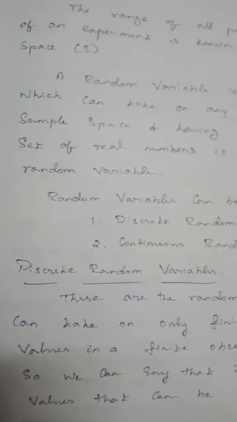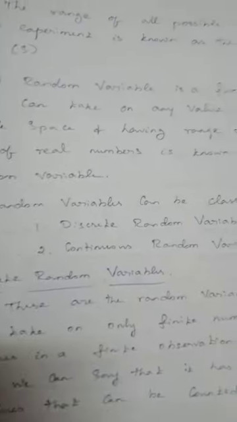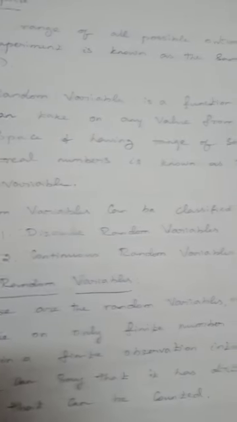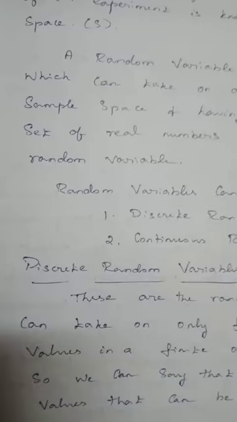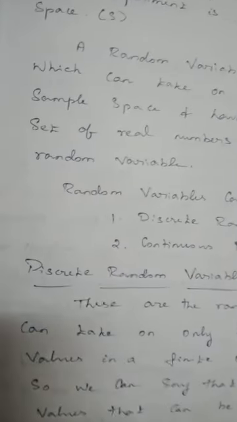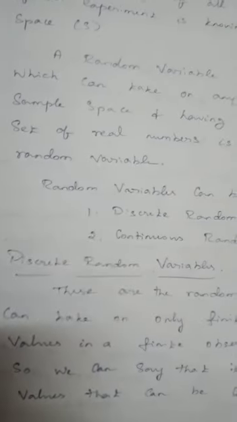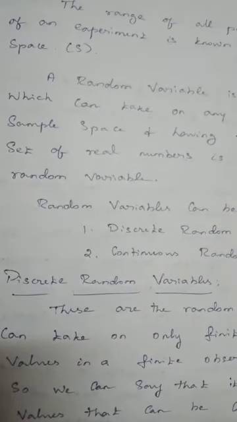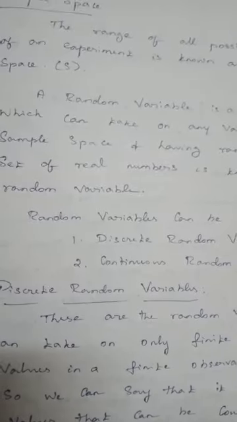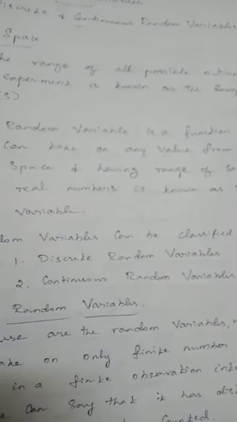What is a discrete random variable? A discrete random variable is a random variable which takes on only a finite number of values. That is, these are the random variables which can take only a finite number of values in a finite observation interval.